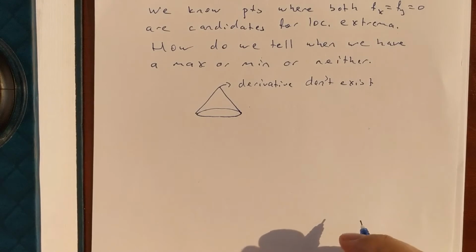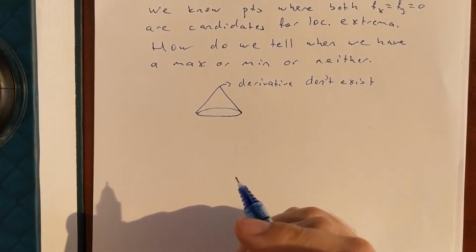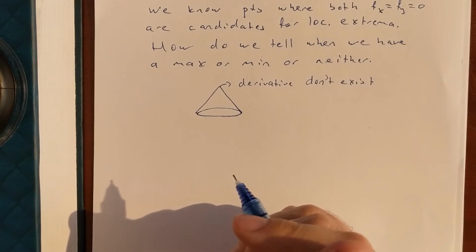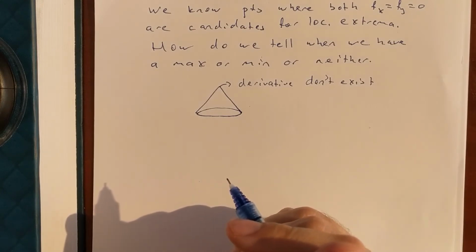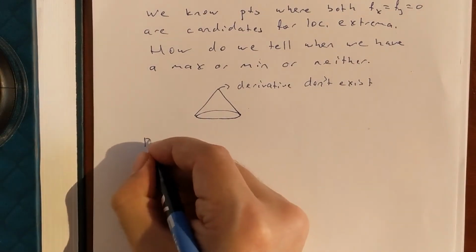So to find extrema, I have to look at two kinds of points: points where both the partial derivatives are 0, and points where they don't exist. Those we're going to call the critical points of f. This is going to be another definition.